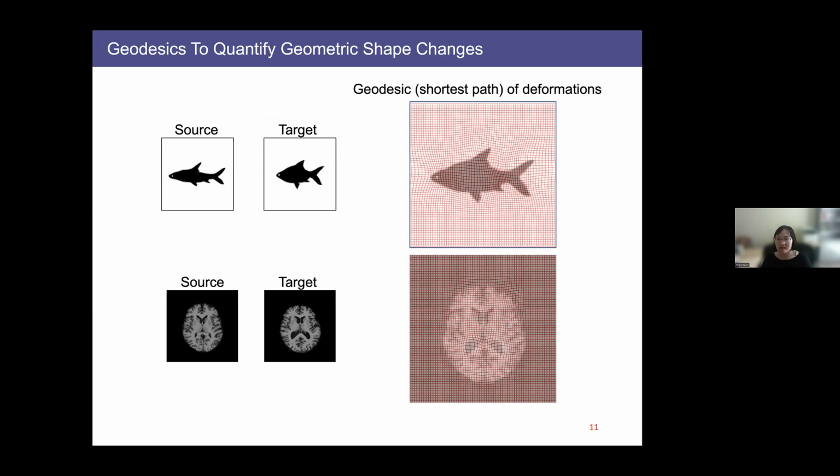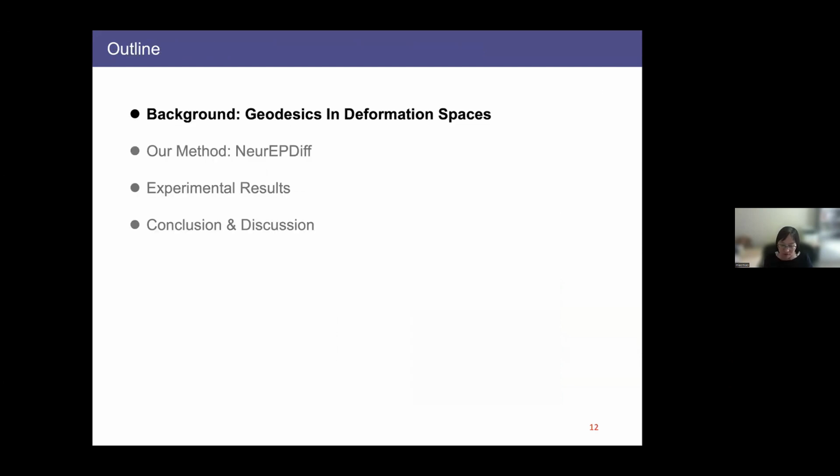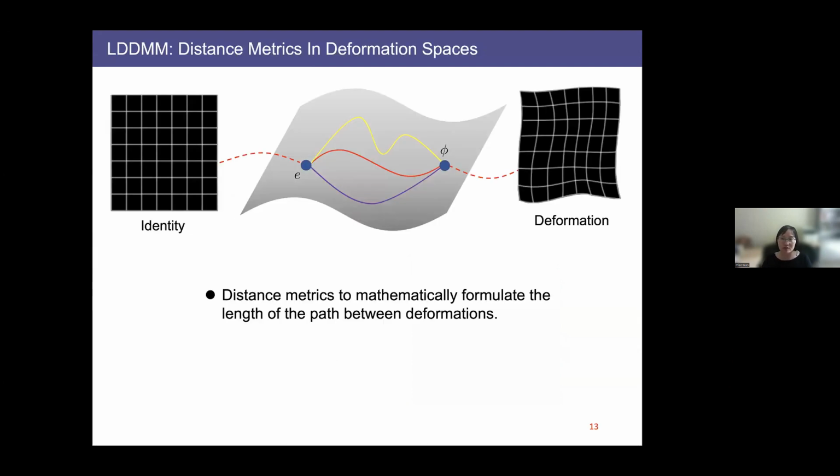In the two examples I have here, if deep networks can understand how the deformation process happens, you should be able to see the entire changing process from the source to the target images, no matter what objects you have. To introduce how we teach the network to understand this entire process, I would like to go through a little bit of background on how to mathematically formulate this changing path, or geodesic, in the deformation process.